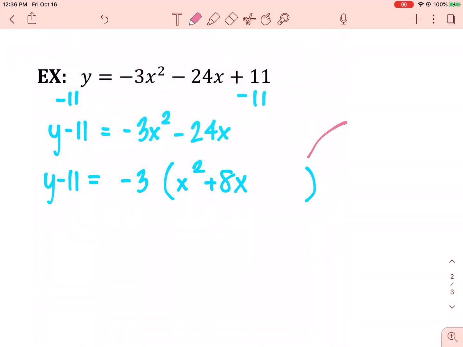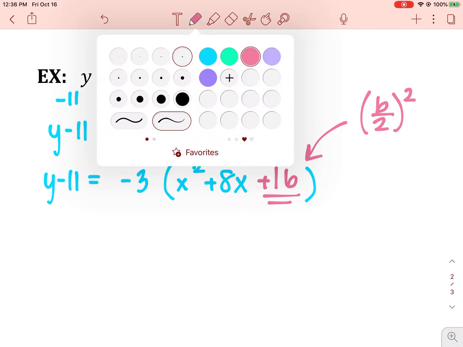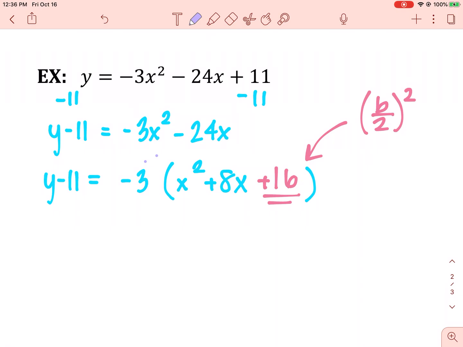Let's do our complete the square step, which is b divided by 2 squared. So 8 is my b value, divided by 2 is 4. 4 squared is plus 16. Now, because I took out the negative 3 at the beginning, I have to remember that I didn't really add 16 to this right side.